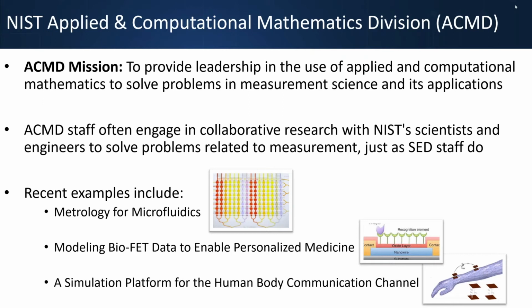And they can do things like control flow rates down to maybe 10 nanoliters per minute with a plus or minus 5% uncertainty with the methods they've developed. But their tools are a little different than ours. For example, in the microfluidics, they're using partial differential equations as their model instead of the kinds of models we might use as statisticians.